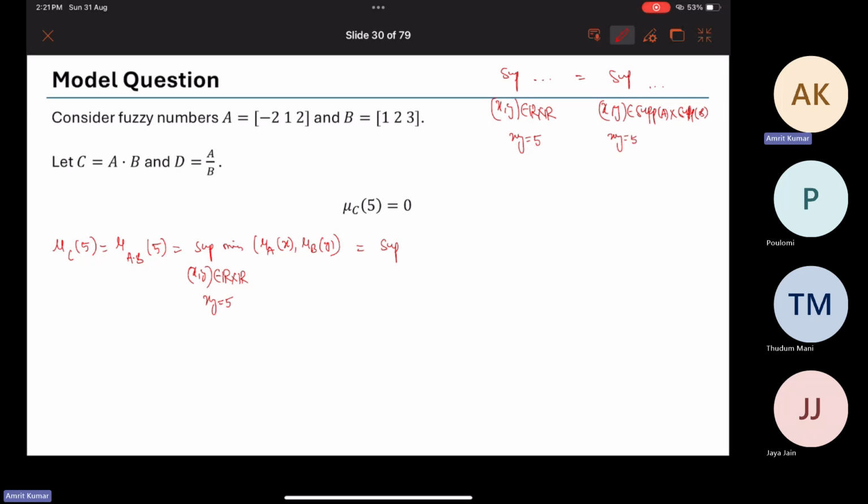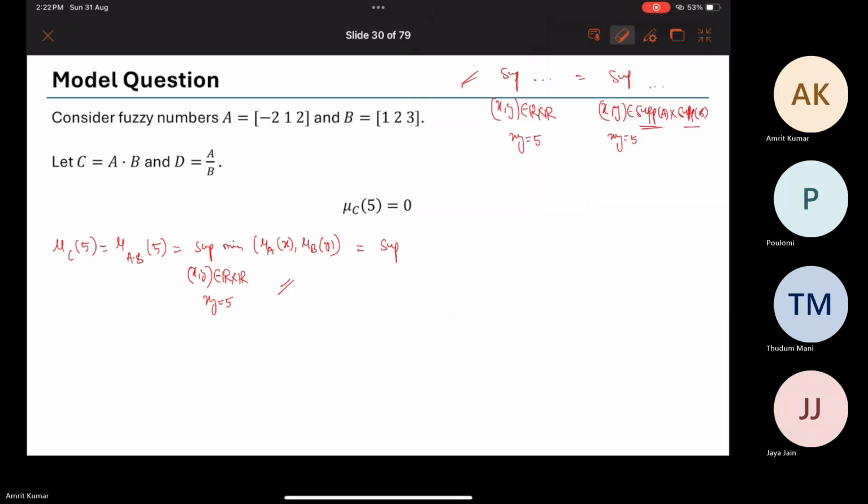That is what we discussed in the starting. That extension, we can simplify the process of computing the membership function using the extension principle by simply restricting our supremum from the entire R cross R, or X cross Y, to the support of the function f. So in this case, the support of A cross the support of B. So even if you don't want to use that, it's okay. We'll simply use this formula and let us see if we can get somewhere.